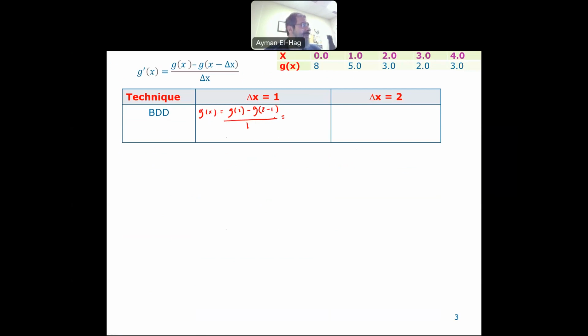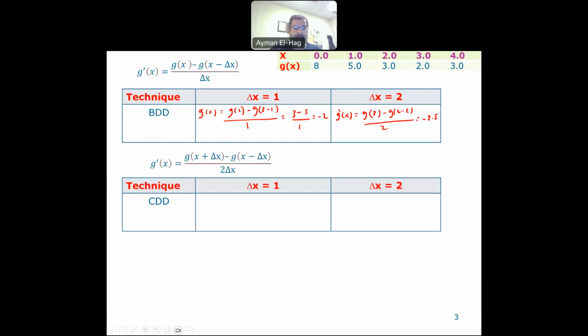So this will give me 3, which is g at 2, minus 5, divided by 1, and this will give me minus 2. Now, with delta x equal to 2, your g prime of x will equal g of 2 minus g of 2 minus 2, or g of 0, divided by 2. And when you substitute, you will find this is equal to minus 2.5.